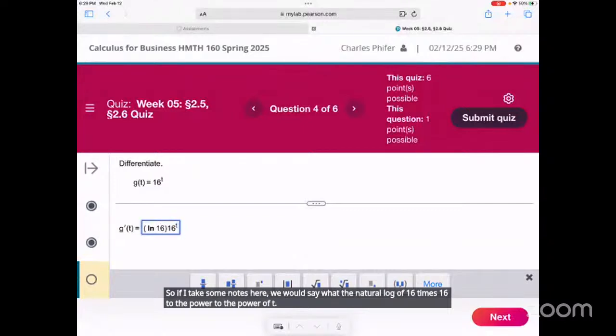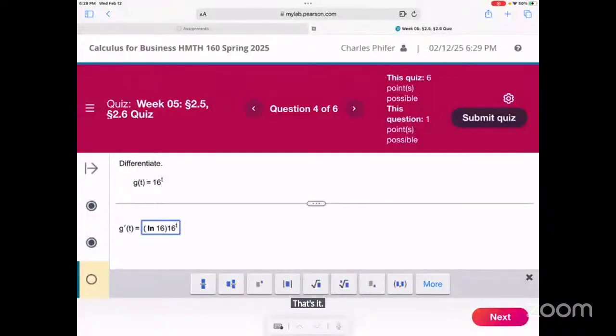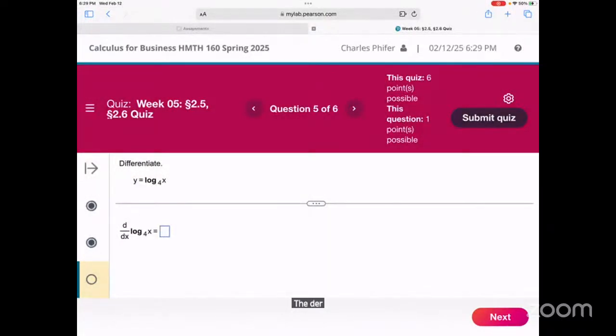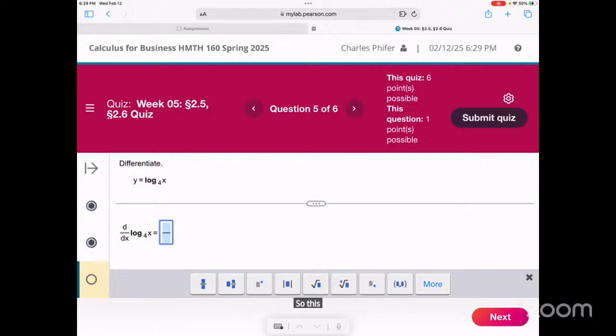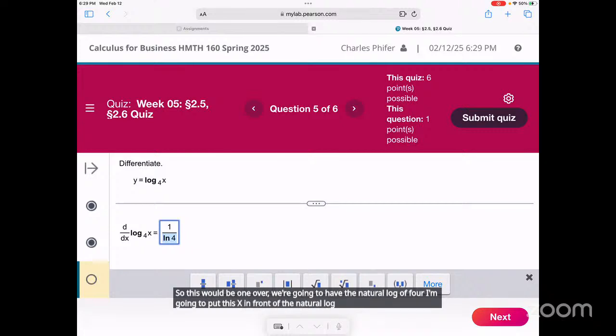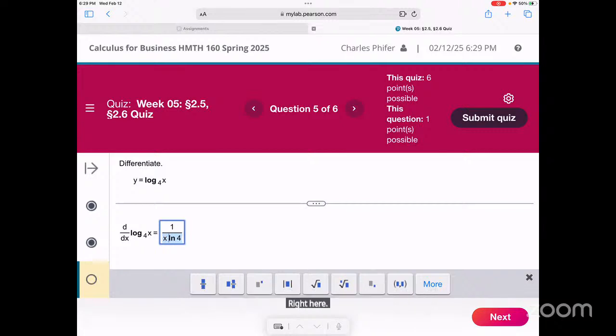The derivative of log is du over u times 1 over the natural log of the base. So this would be 1 over the natural log of 4. I'm going to put this x in front of the natural log, so that the computer doesn't think the x is inside the natural log. I could use parentheses, and that should work as well.